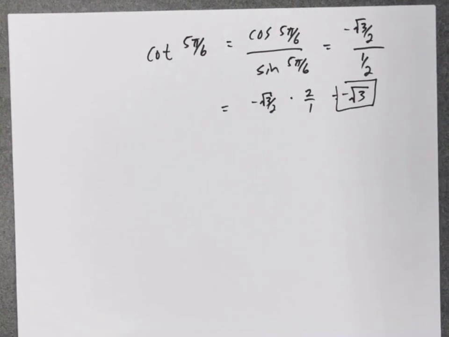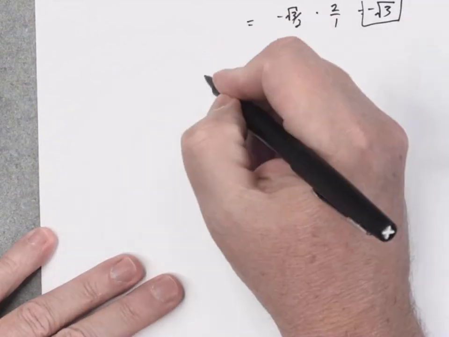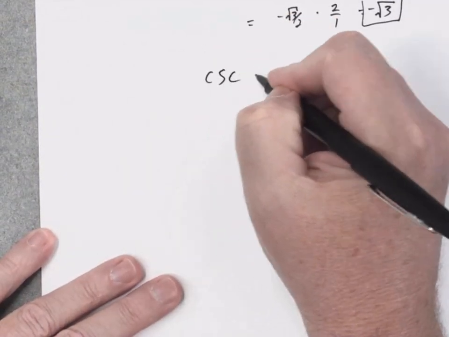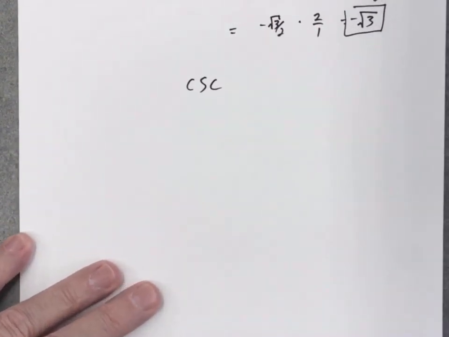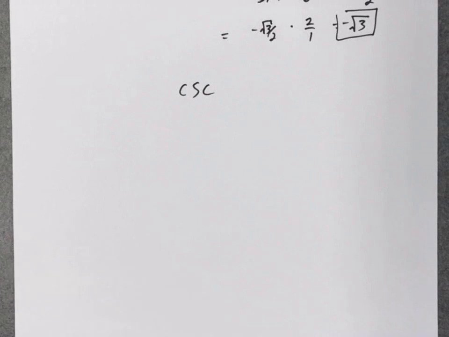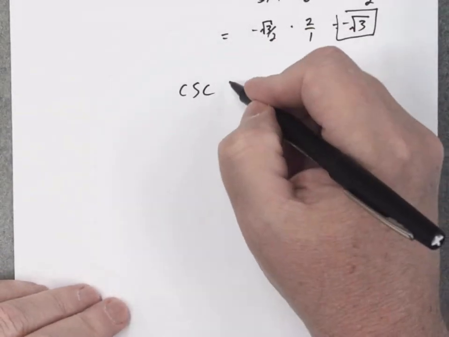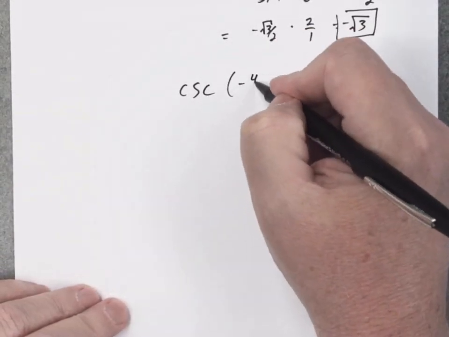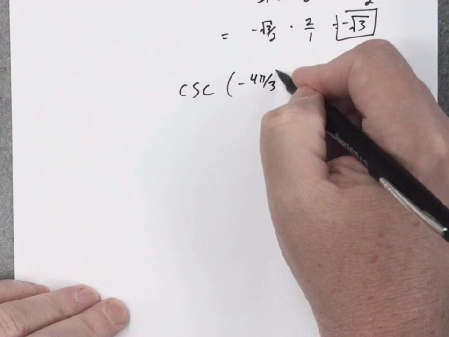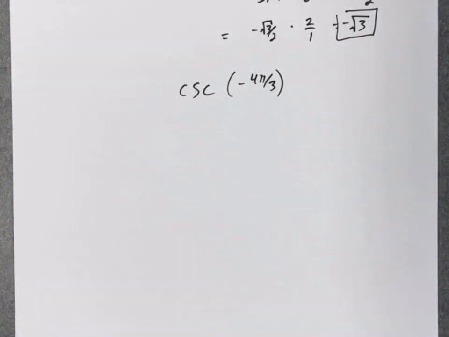Let's do a couple more interesting ones. How about let's do a cosecant, and let's have to use a coterminal angle. How about the cosecant of negative 4 pi over 3?